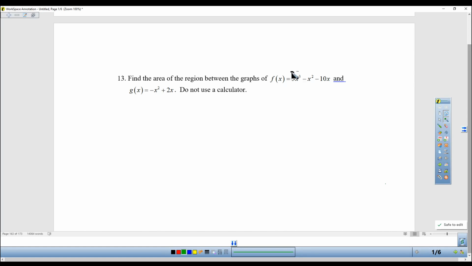I know this is a cubic function. I know that it ends up, and I know it has a y-intercept of 0. To find the x-intercepts, I'm going to factor. I take out the x first. That gives me 3x squared minus x minus 10.